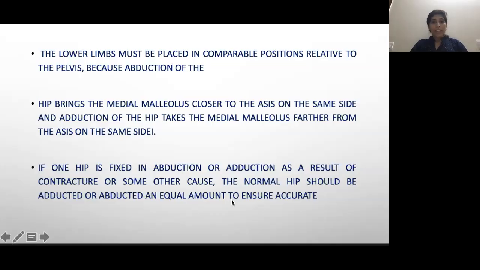To avoid this discrepancy, we keep both extremities in the same manner. If the person has abductor or adductor tightness or contracture on one side, then the other extremity should also be placed in the same position. Like if one extremity is in the abducted position, then the other extremity should also be abducted.